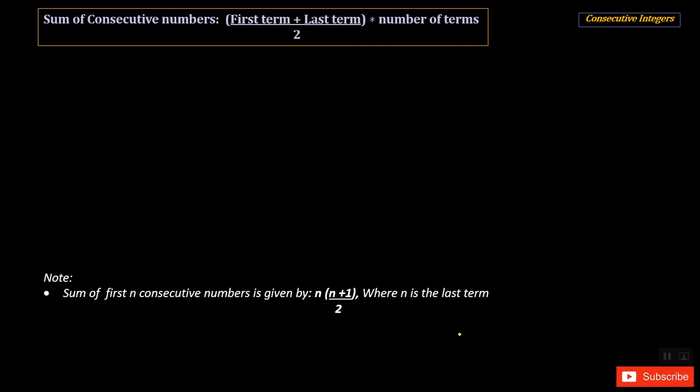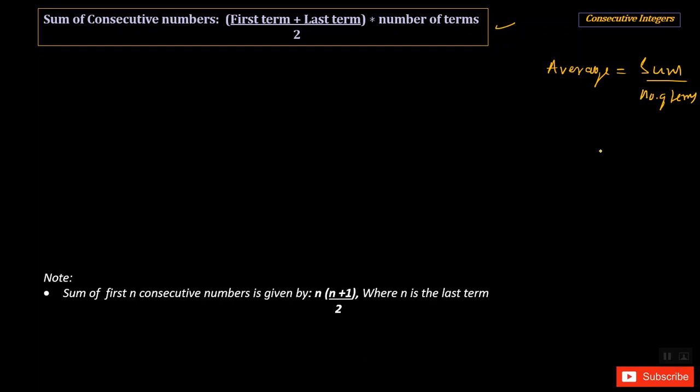To find the sum, we have to use this rule: sum is equal to the first term plus last term by 2, which means find the average of the first and the last term, and multiply that result by the number of terms. As we know, basically it's the average, which we can write as sum divided by number of terms, right?